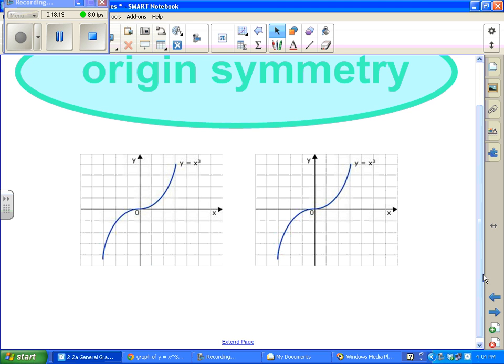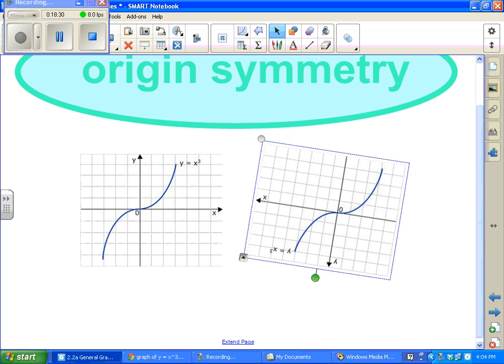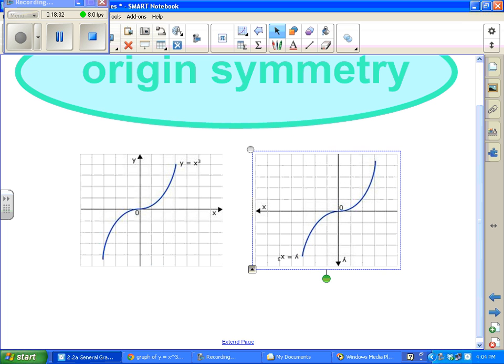One way to look at a graph and visually know if it has origin symmetry is, if you put it on your calculator, you could flip your calculator right upside down. And if the right side up and the upside down version are identical, then it has origin symmetry. So if your right side up and your upside down match the graph, you could just tell by looking at it, it has origin symmetry.